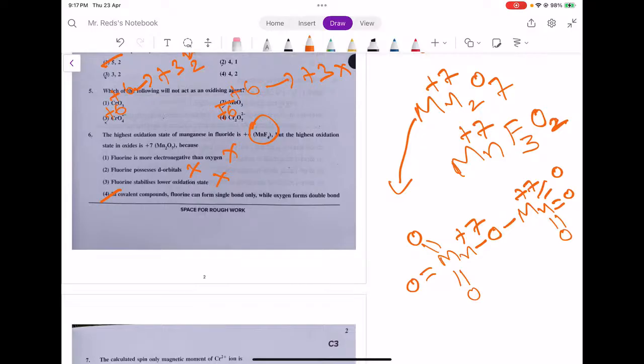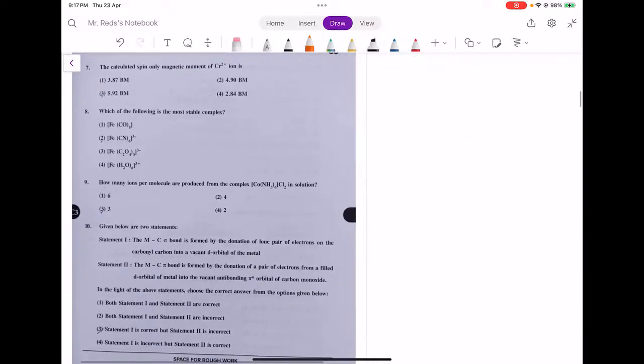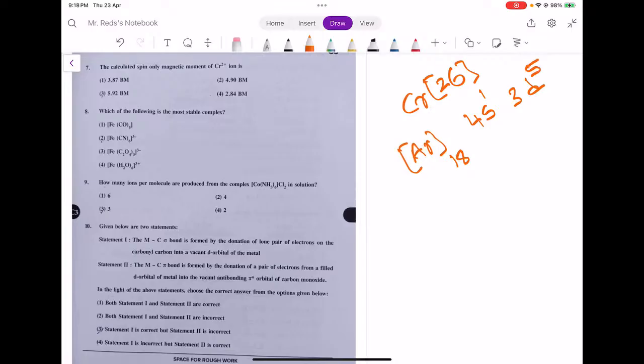Let us go to the 7th question. The calculated spin only magnetic moment of Cr+2 ion is? First you have to know, students, the anomalous electronic configuration of chromium. Chromium, atomic number 24, has electronic configuration with noble gas argon 18, 4s1, 3d5.